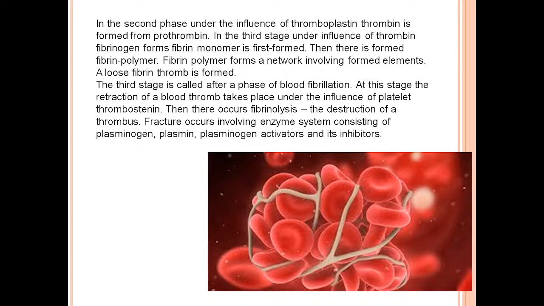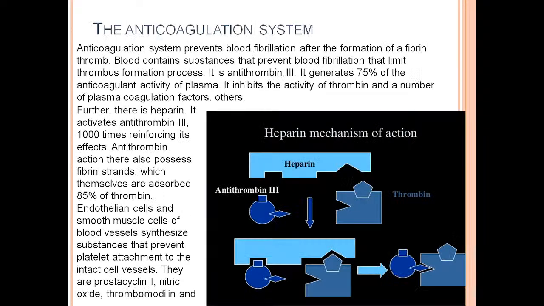Disintegration occurs involving an enzyme system consisting of plasminogen, plasminogen activators, and its inhibitors. Next question, the anticoagulation system. The coagulating and anticoagulation systems are in the body in constant relationship and interaction. So the blood in the vascular bed is in a liquid state.